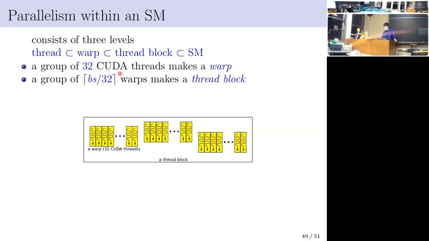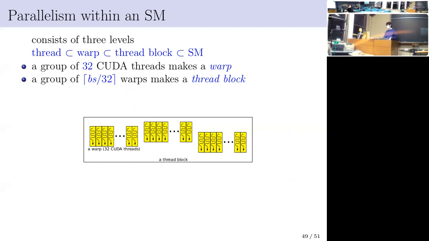And in the next level, thread blocks. A thread block is actually a group of BS divided by 32, rounded up, number of warps. So this number of warps makes a thread block.